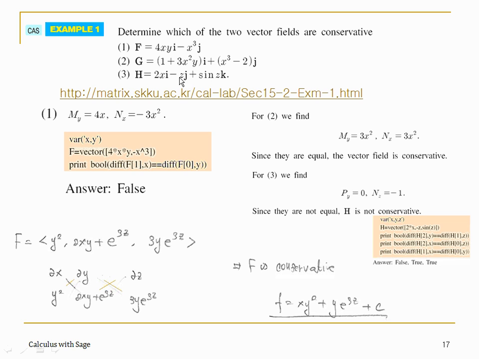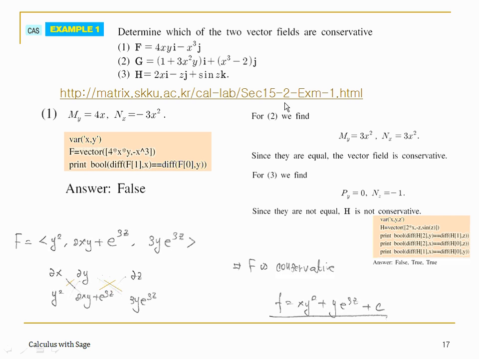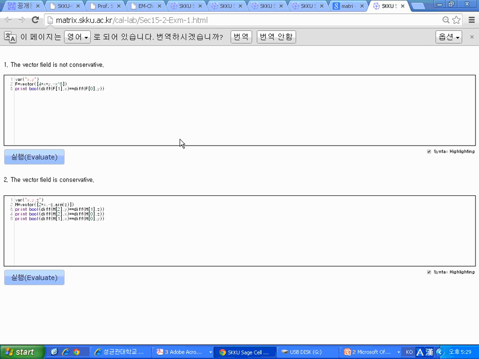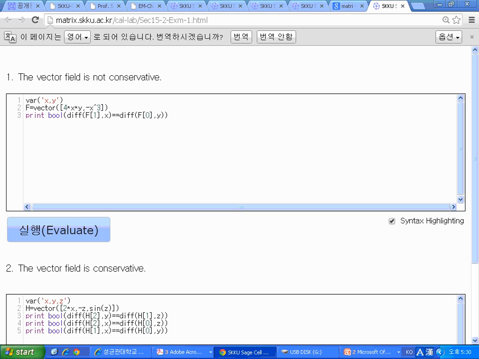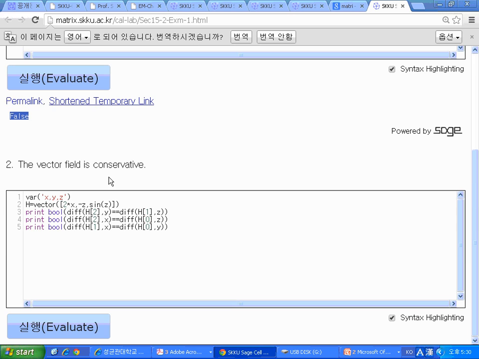But for example 3, we have M, N, and P, and as you see, P_y is not the same as N_x, so it does not satisfy the three conditions that were asked here. It violates this one, so it is not conservative. All of these can be checked here. For the function 4x squared minus x cubed, check whether they are the same or not. They are different, so it's false and not conservative.